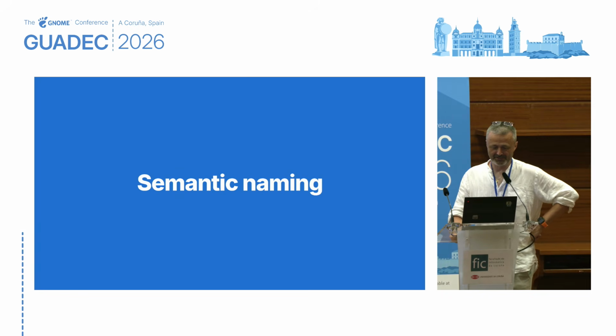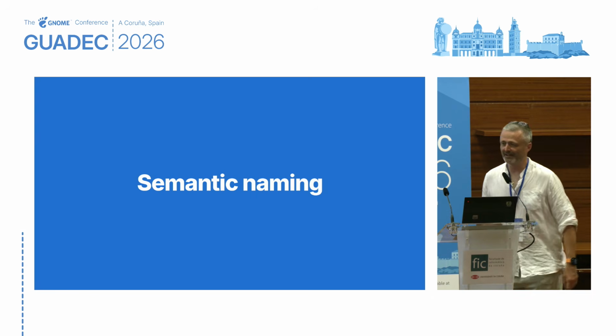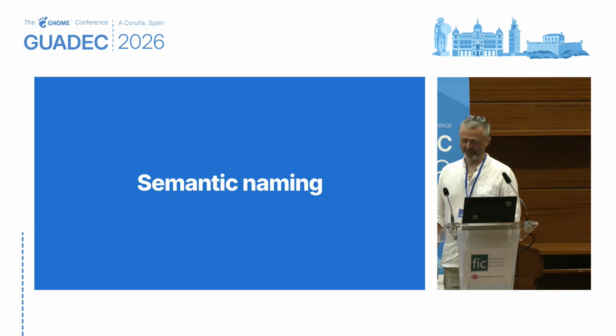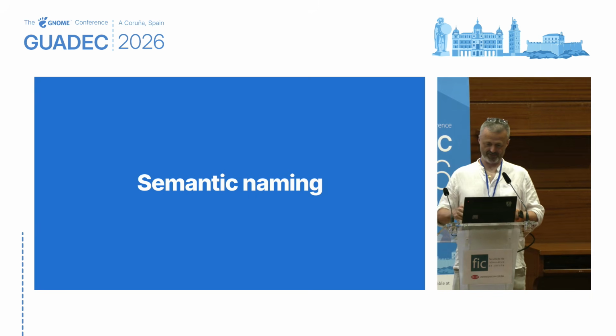I would briefly touch on why I hate semantic naming so much. In every free software project, there's a mantra that it's very easy to add things, but pretty much impossible to change or remove things.